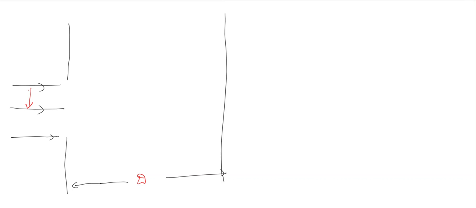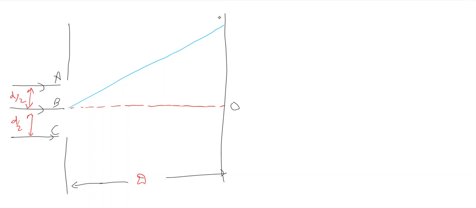So this becomes D by 2, and this also is D by 2. And this is our reference line. Let the center of the screen be O. We will consider the waves to be A, B, C. Now I assume that there is some point P where the intensity is 0, and we are trying to find the condition for point P to be dark.